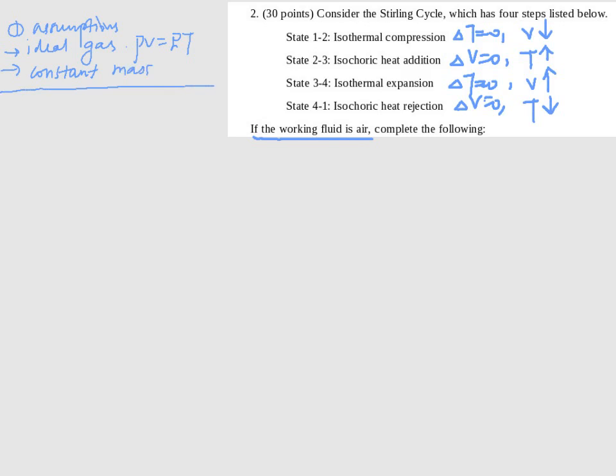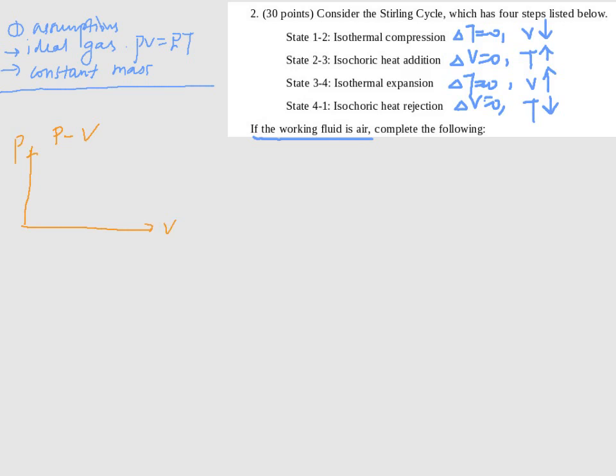Now we can take a look at all the different diagrams. So let's start with the PV diagram. V on the x-axis and P on the y-axis.